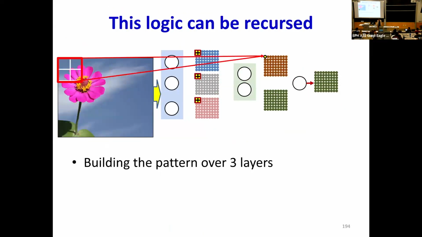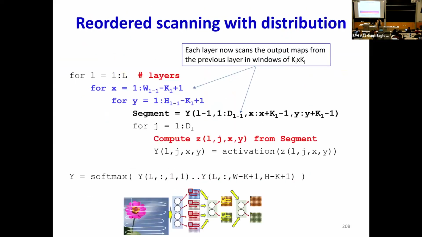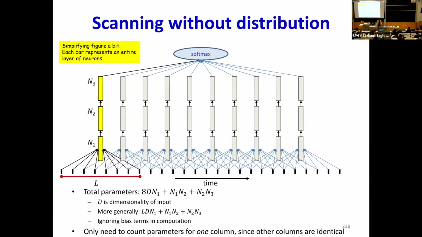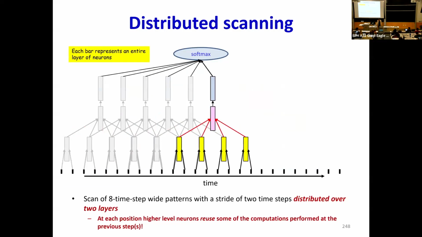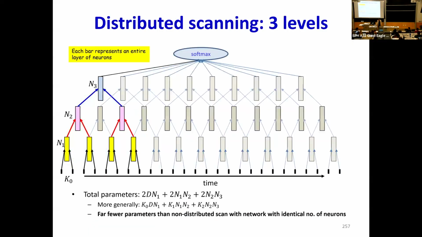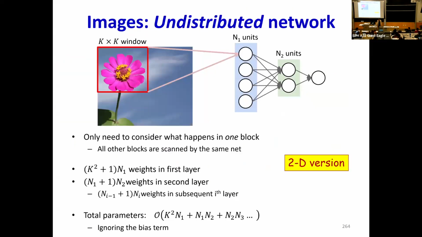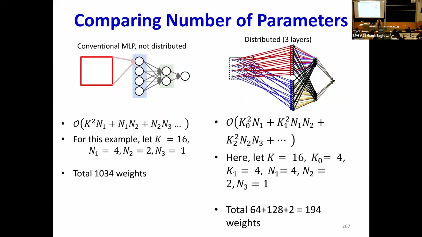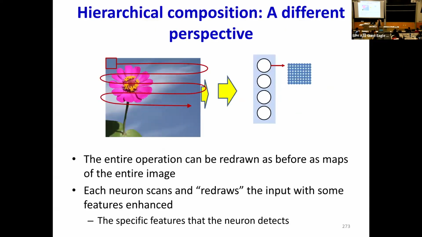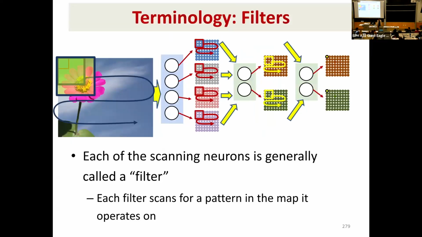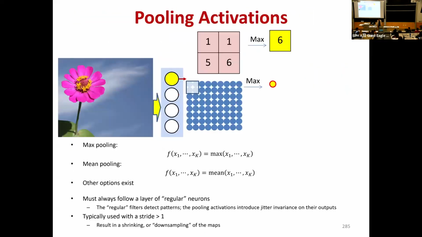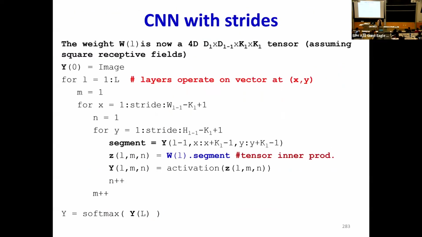You're learning some specific patterns, right? Regardless of the scan, you might learn that the second layer neuron looks for a petal in the first position, a petal in the second position, a sepal in the center, things like that, right?